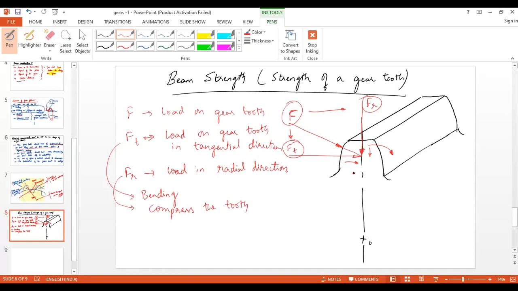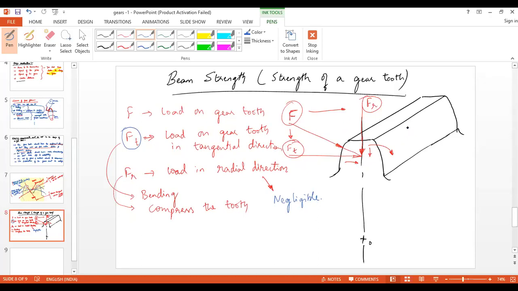But if you look at the gear tooth, the effect of Fr on the gear tooth is very much negligible. So Ft is the load which creates the bending.